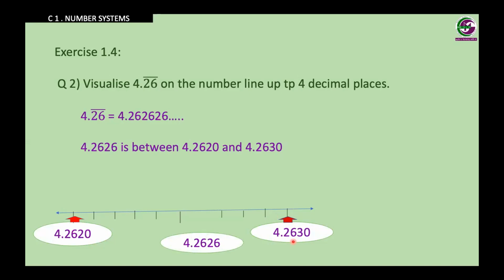And the number 4.2626 is in between. Because this is 2620, this is 2621, 2622, 2623, 2624, 2625, 2626. As many numbers as you want, you can magnify the scale and then find the value on the number line.